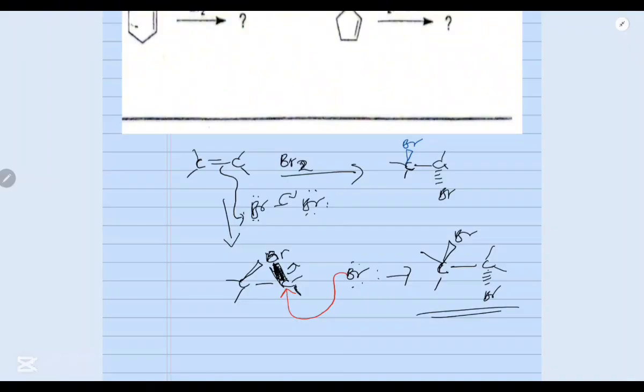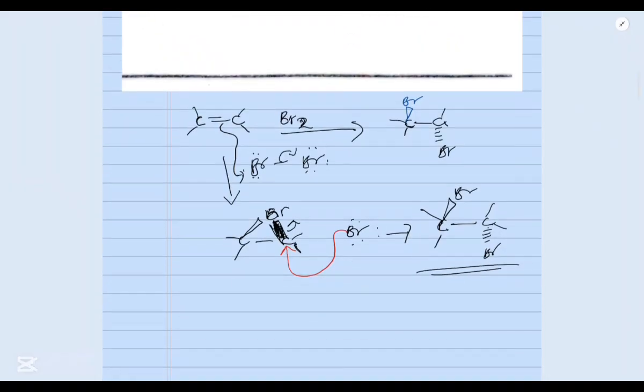This is the product, meaning the bromine is added onto opposite sides of the molecule. So this process is known as halogenation of alkenes. So this process is referred to as halogenation.